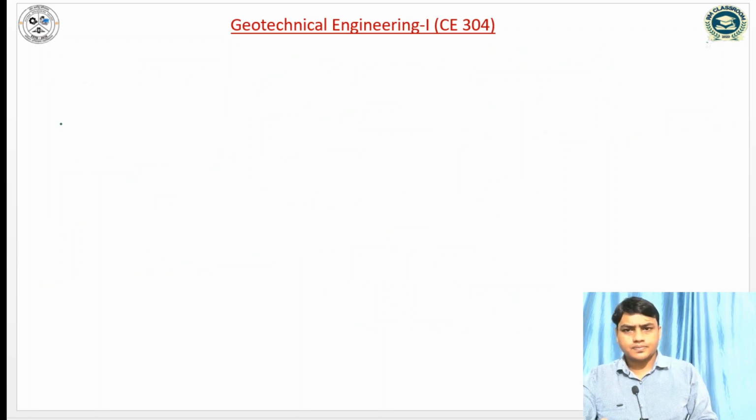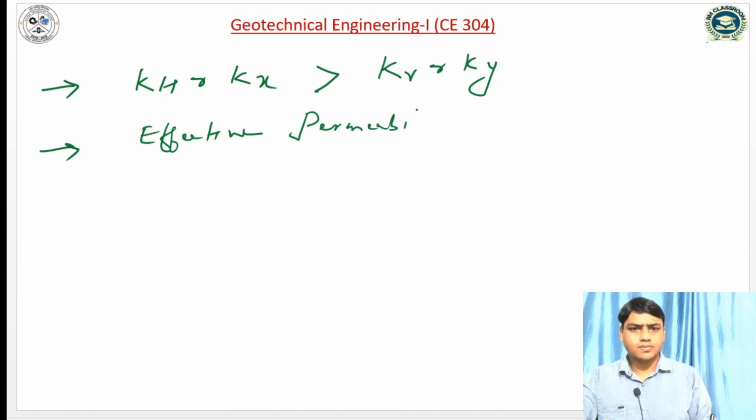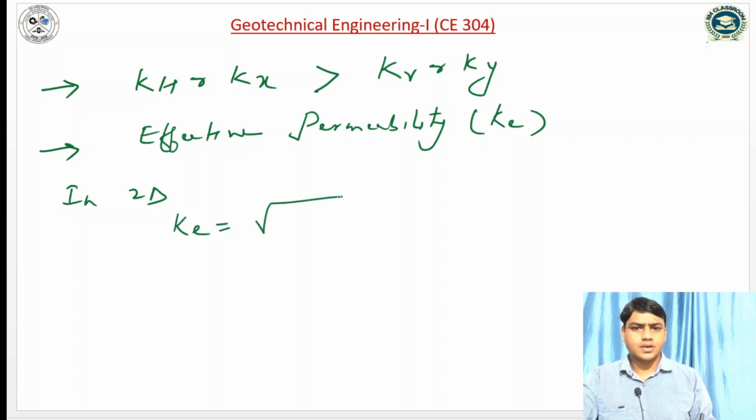So here the horizontal permeability Kh, or it is also written as Kx, is always greater than the vertical permeability Kv or Ky. And there is another term, that is effective permeability. So effective permeability in two dimensions we can write Ka is equal to square root of Kh into Kv.